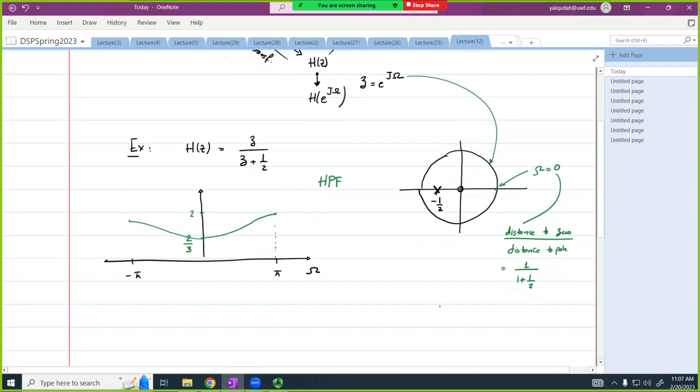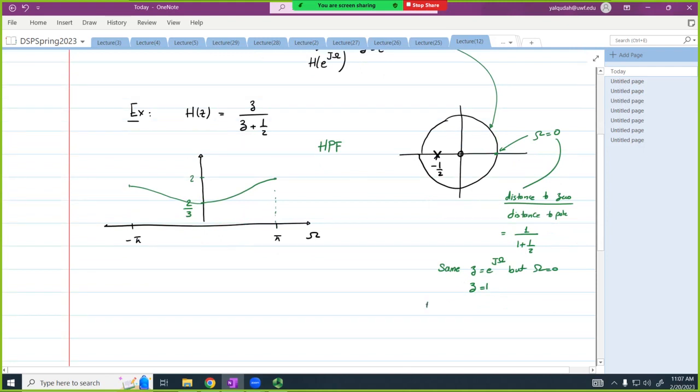This is the same as saying z equal e^jω, but omega equal to 0. Therefore, z is equal to 1. Therefore, plug into H(z). I'm going to get 1 over 1 plus 1/2, which is 2/3. Does that make sense? These both are equivalent. This is determining it graphically. This is analytically plugging in the value. But if I were to use MATLAB, I'm going to use it this way.